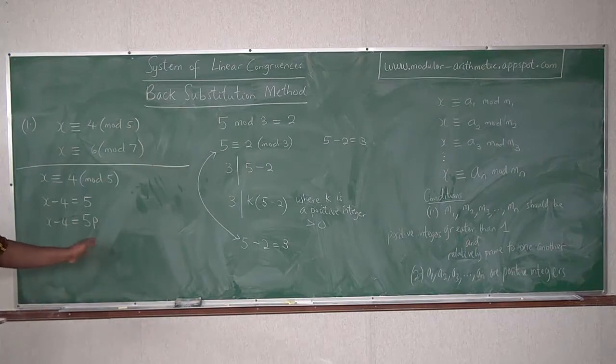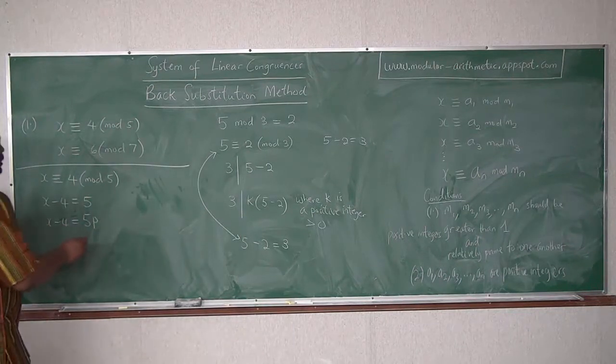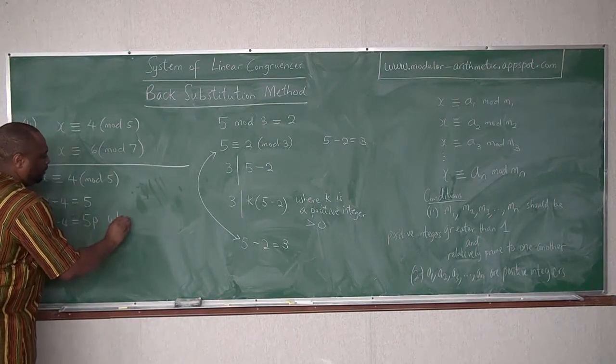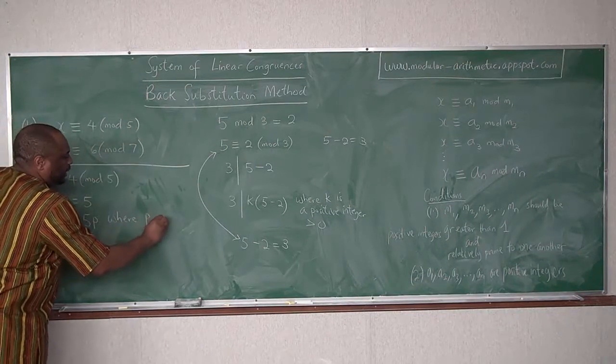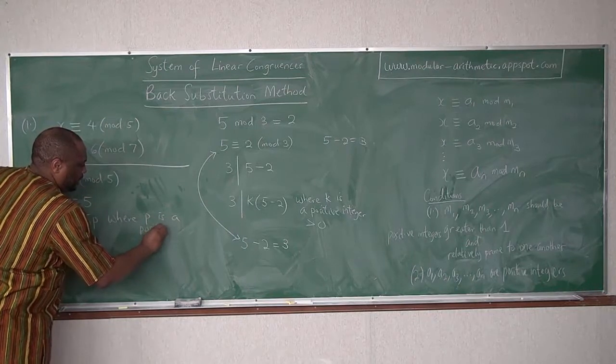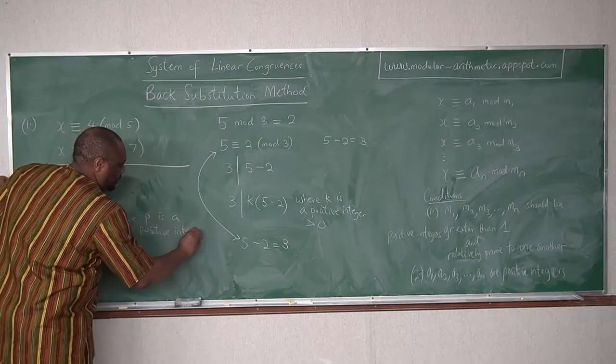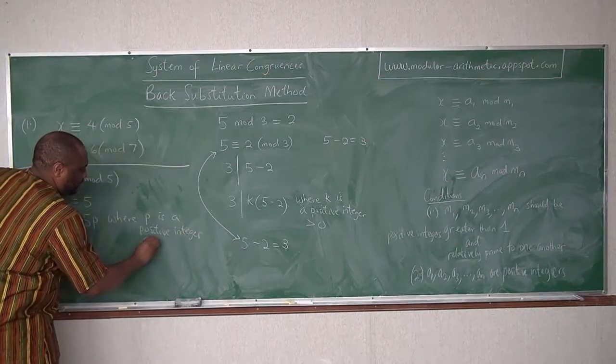X minus 4 is 5p, where p is a positive integer greater than 1.